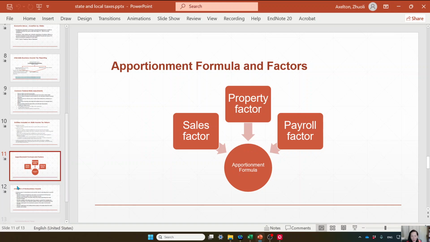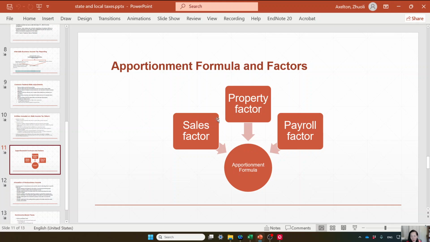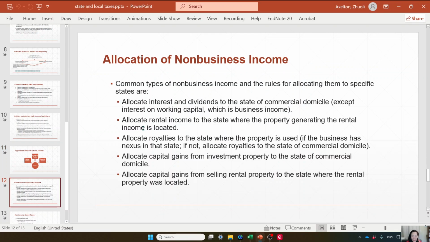So each factor will be determined based on a specific rule, and the allocation of non-business income is normally specifically based on allocation rules.